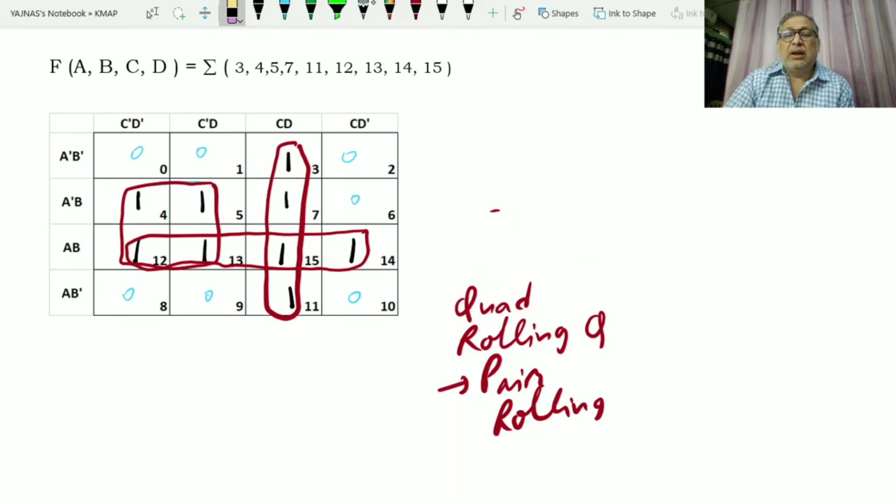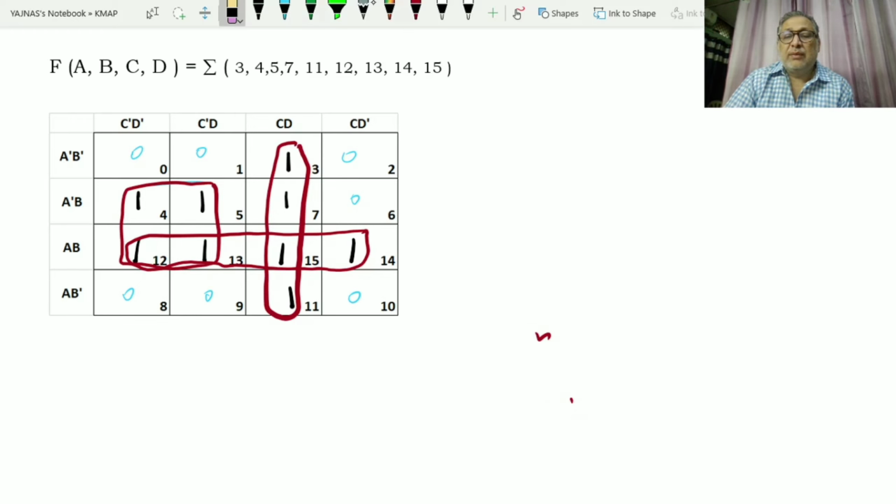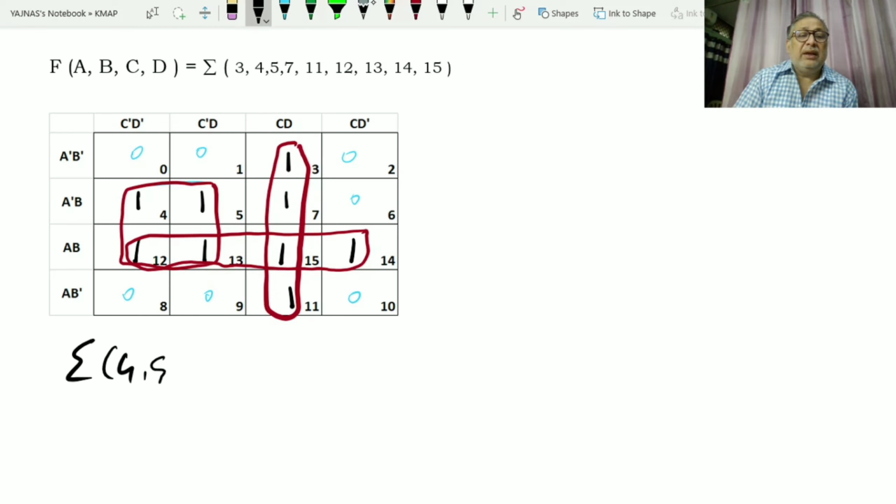Yes sir. All right. So if you have understood, we can write the expressions. This group is sigma 4, 5, 12, 13. We have to look at these two groups: B is constant, and C bar is constant.